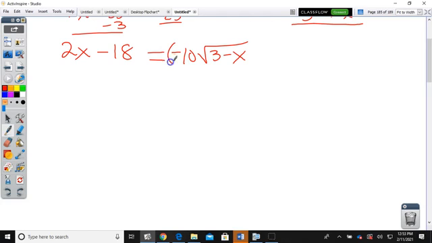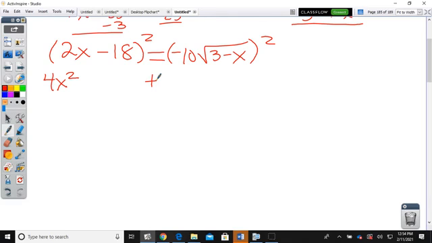I am going to square both sides again to get rid of the square root over here. So this will be, again, shortcut, right? What's 2x times 2x? 4x squared. Negative 18 times negative 18. I'm going to need your help on that one. It's like 3 something.